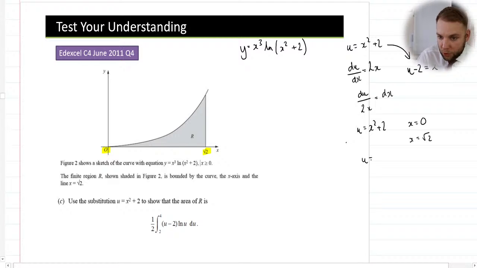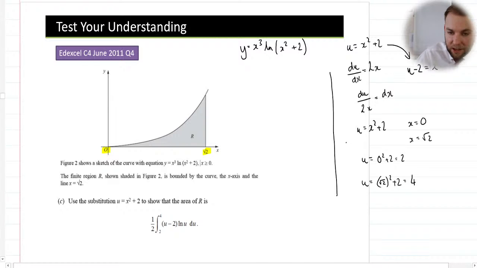So u is going to be equal to 0 squared plus 2, which is equal to 2, and u is equal to root 2 all squared plus 2, which is equal to 4. So there are two limits, 2 and 4. Brilliant. So now we can substitute everything into this, can't we?